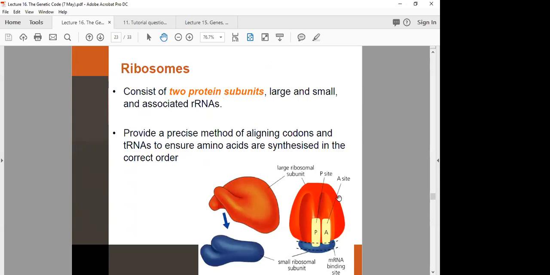Let's look at this ribosome here, and you'll see that this region here will bind the messenger RNA strand. Here we have 2 binding sites, a P site and an A site. These are the 2 sites where the transfer RNA molecules will come in, that is those tRNAs that are carrying amino acids.